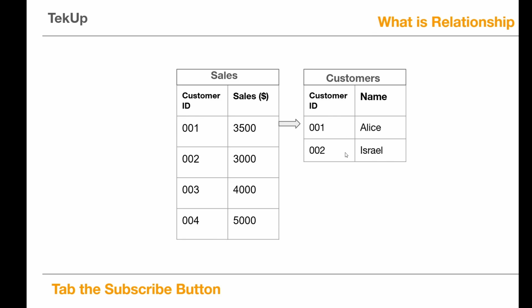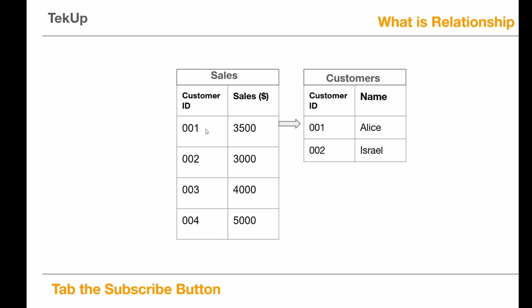One thing you need to understand about the customer ID, or a primary key field, is that no two customers can have the same unique ID. As you can see, we have 001, 002, 003, 004. No two customers can have the same customer ID. It is not possible. The customer ID must always be different for each customer.